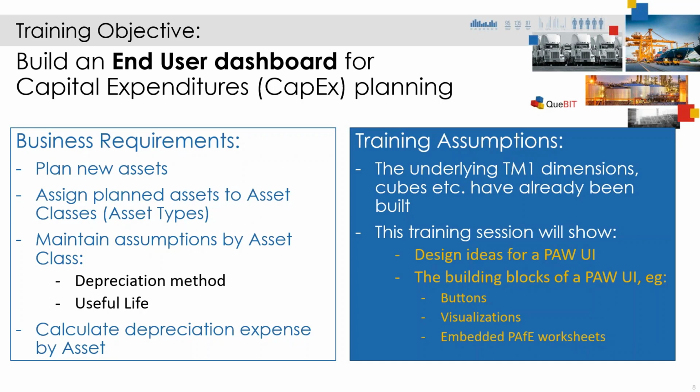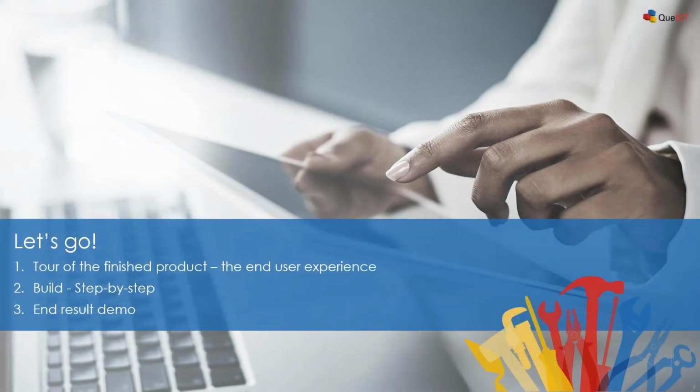Today, we're going to be working within a capital expenditures planning model, and we need to build out a dashboard for our managers, but also a way for our business analysts to go and input their new assets and then look at the drivers behind the scenes that are being used to calculate, for example, depreciation expense. So this training is based off of a real life CapEx business scenario, and let's get started.